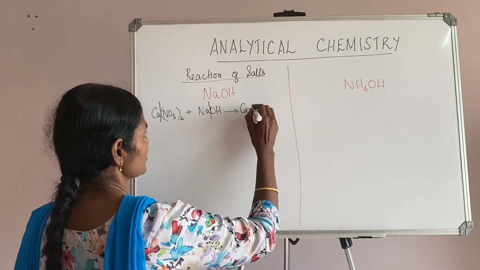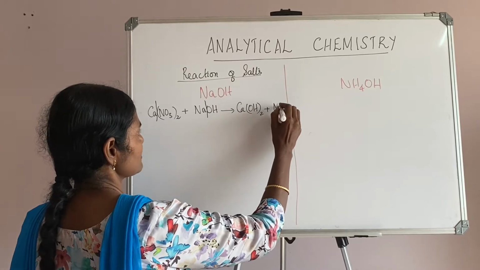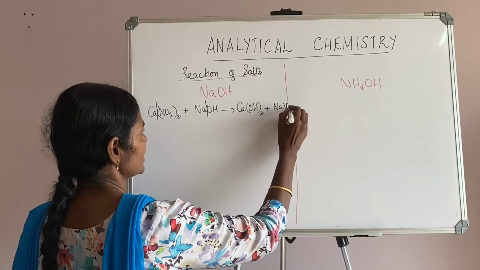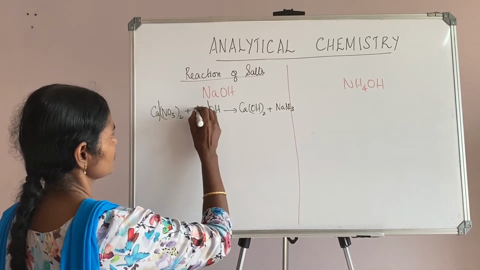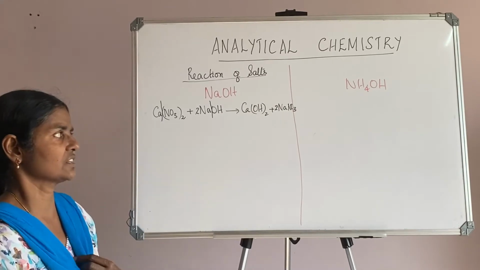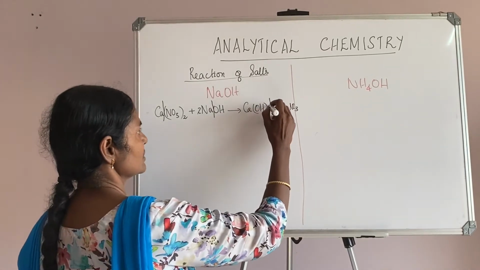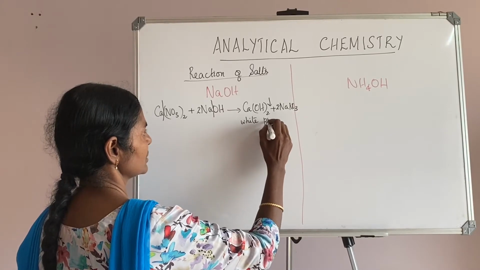You get a precipitate of calcium hydroxide plus what is left out? Sodium nitrate. Now if you put 2 here and 2 NaNO3, then it is balanced. So this is a white precipitate which is insoluble in excess.